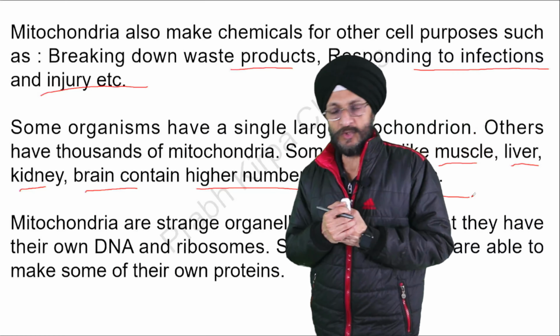Now the next topic before us is Golgi apparatus. In this picture you can see here that this is the Golgi body or Golgi apparatus. Golgi apparatus is also known as Golgi complex, Golgi body, simply the Golgi.